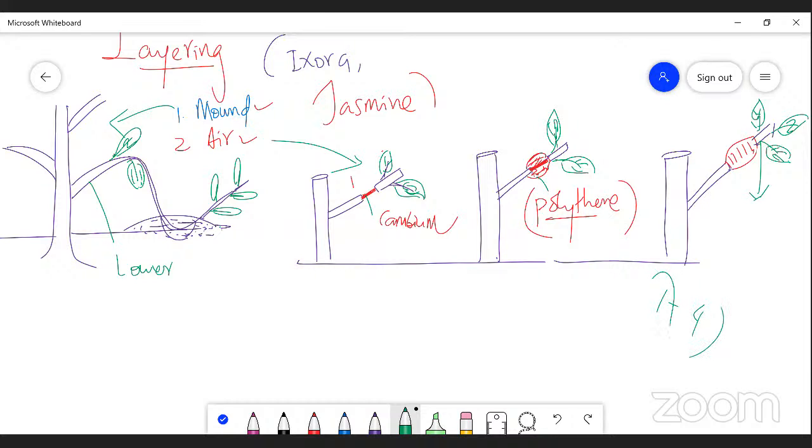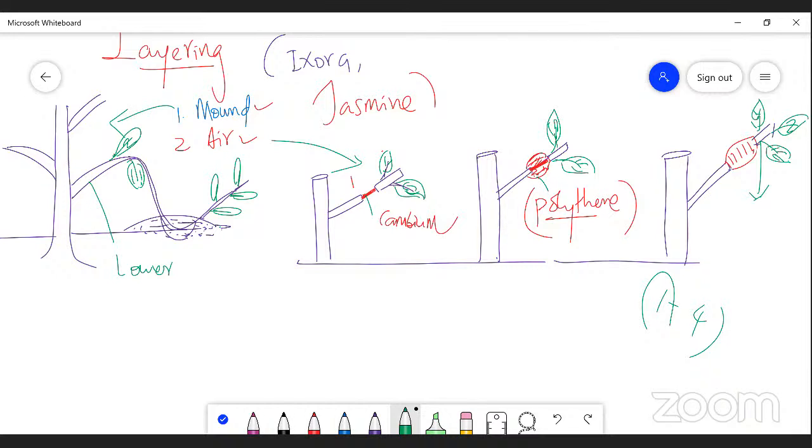After that, new branches initiate and emerge where the polythene paper encloses the damp soil. These newly formed branches are separated and transplanted into suitable soil, and grow into new plants. So this is the air layering technique.